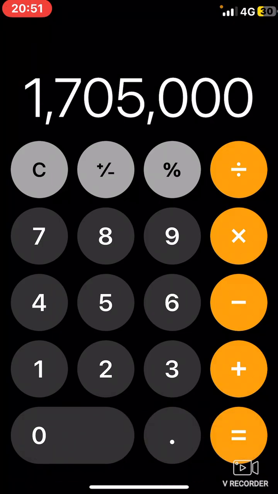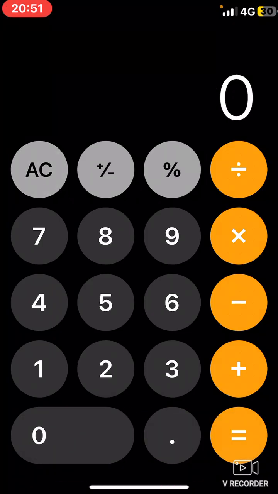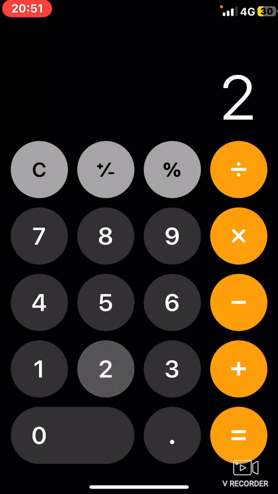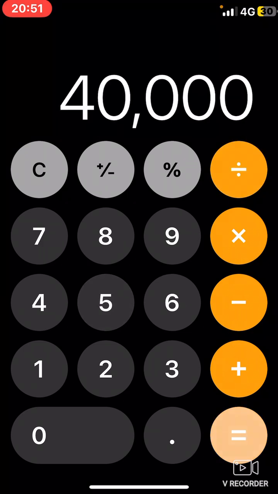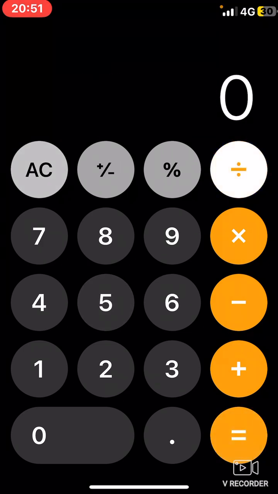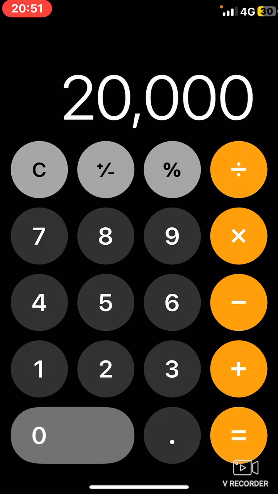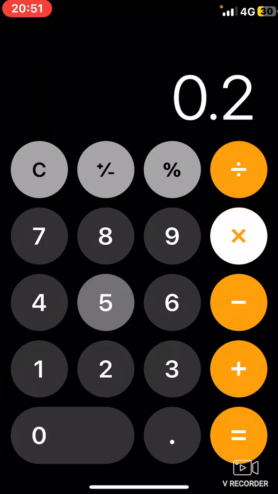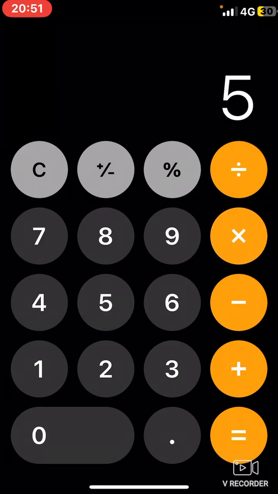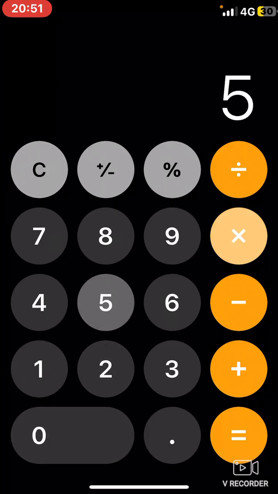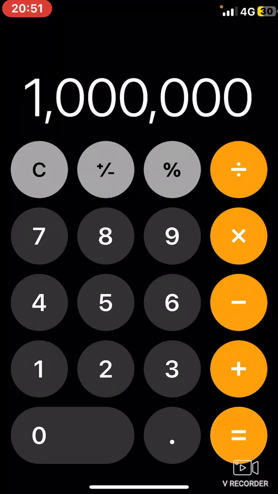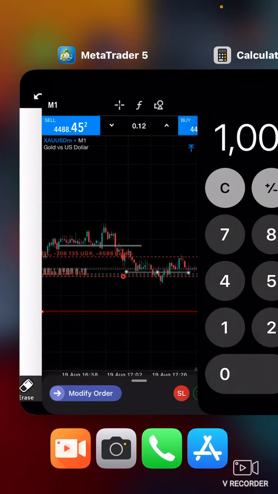Okay, 1.7M of profit. Then our stop loss will be 200k per position. So 200k times 5, that's like 1M, I think. Yes, 1M times 5. Yeah, it's 1 million. Okay, it's around $250.